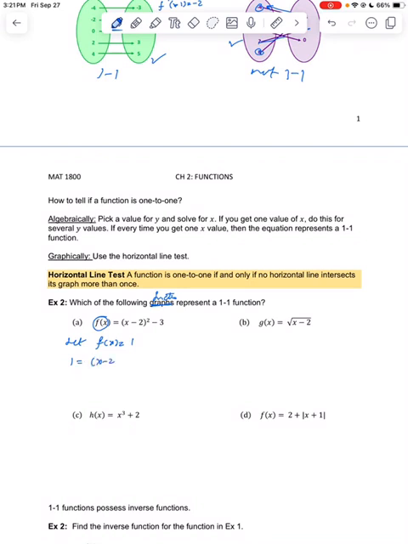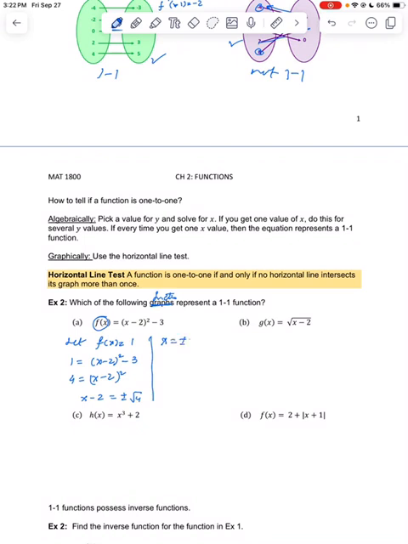Doing my algebra, I add 3 to both sides, so I get 4 equals (x minus 2) squared. I can do it in two ways. I can expand the right hand side, get a quadratic equation and solve it, but I can also do this. From here I get x minus 2 equals plus or minus the square root of 4. So I take the square root on both sides, which gives me x equals plus or minus 2.